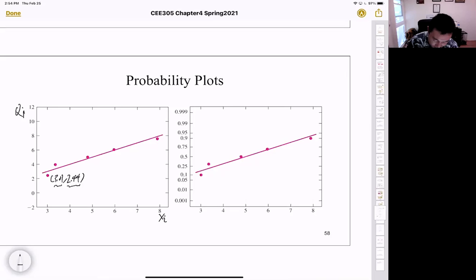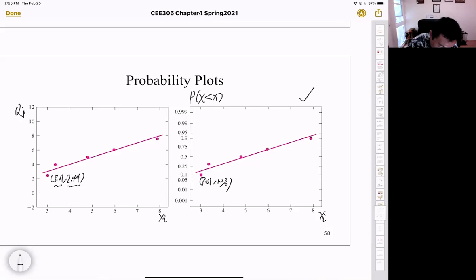And we can also plot as in the figure on the right. This is xi, and this is the p-value, the probability for X less than a certain value. Same idea for these data points. For example, this is 3.01, 10%.